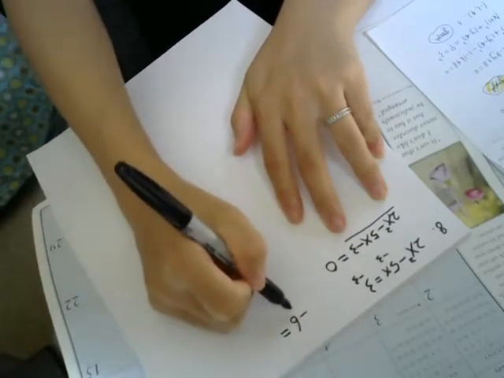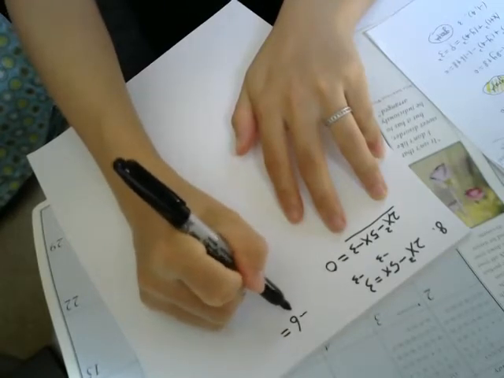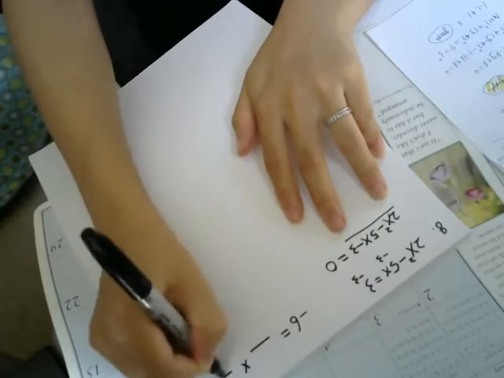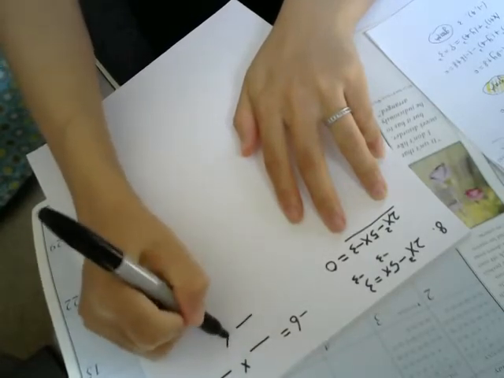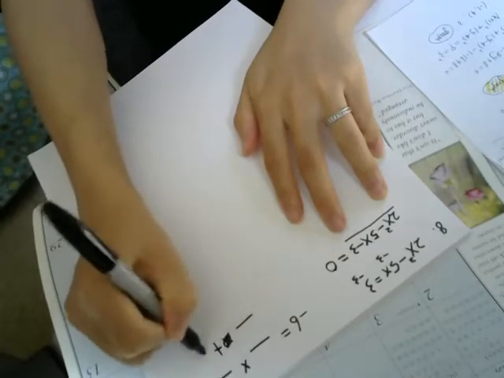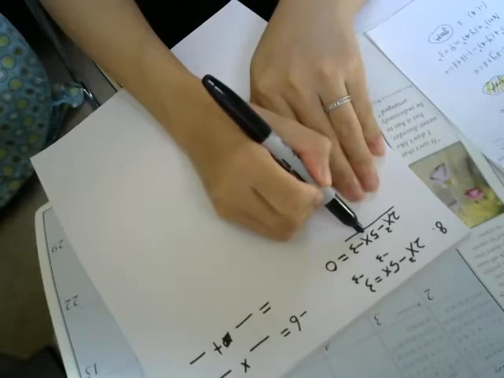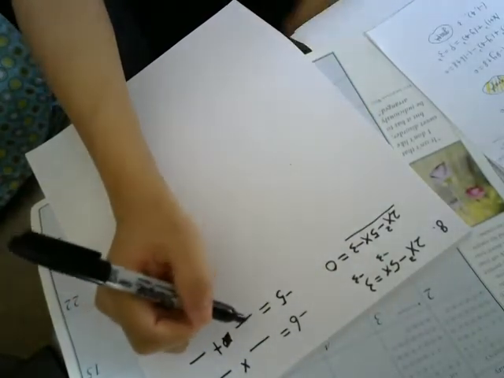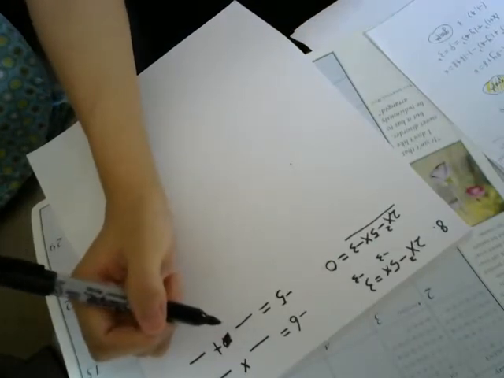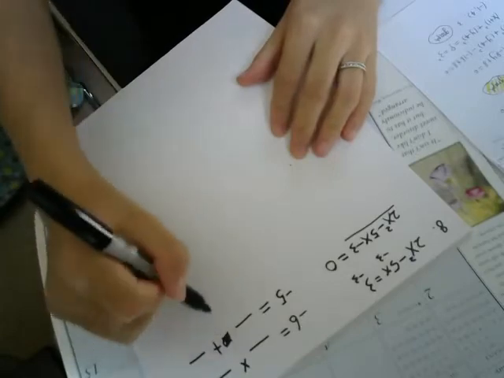The next step, you are going to factor negative 6 to see which two numbers multiplied together equal negative 6. At the same time, those two numbers added together equal the coefficient of the x term, which is negative 5.